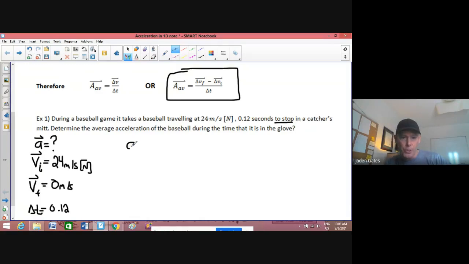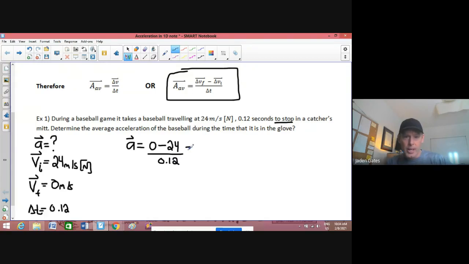So when I substitute into my formula, my acceleration is equal to, my VF is 0. Put a 0 in there. I subtract my VI, which is 24, and it's a positive 24, so I'll leave it as a 24 there, divided by my 0.12 seconds.